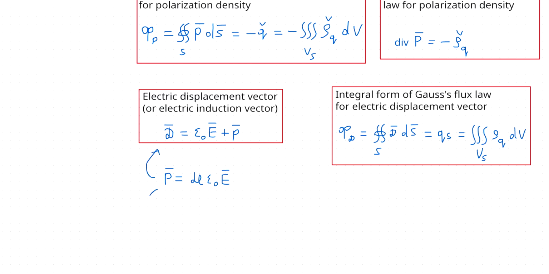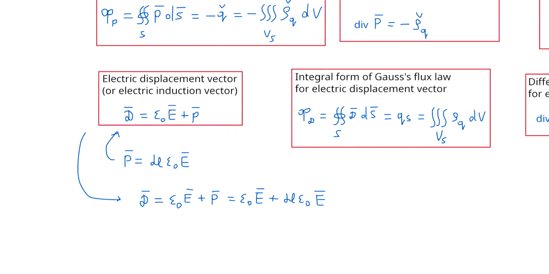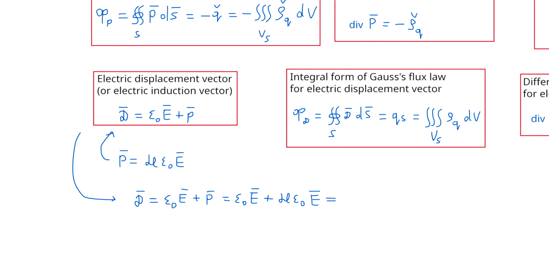We will get that D is equal to epsilon 0 E plus P, and it will be the same as epsilon 0 E plus kappa epsilon 0 E, and it will be 1 plus kappa, epsilon 0 E.